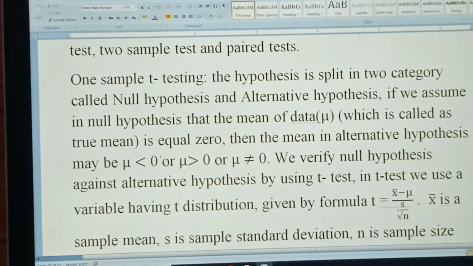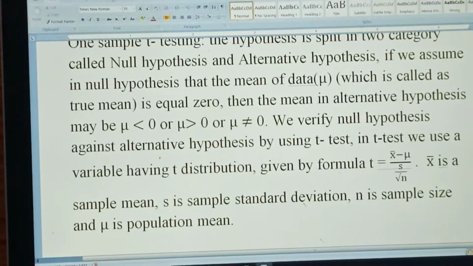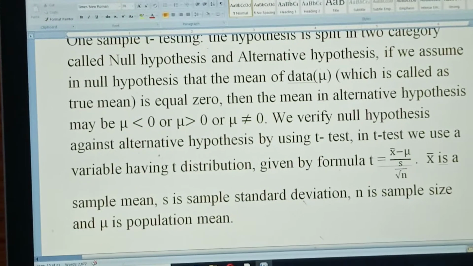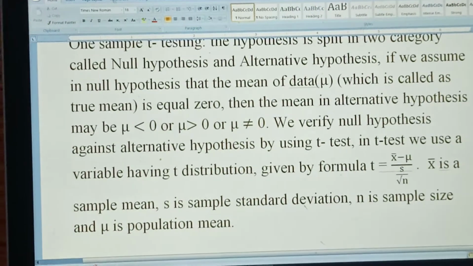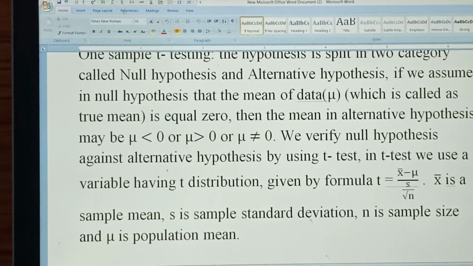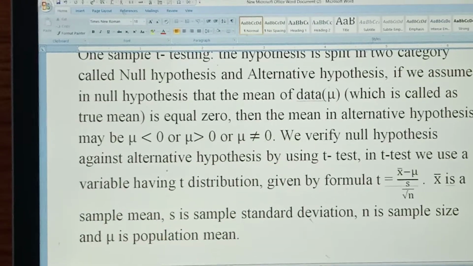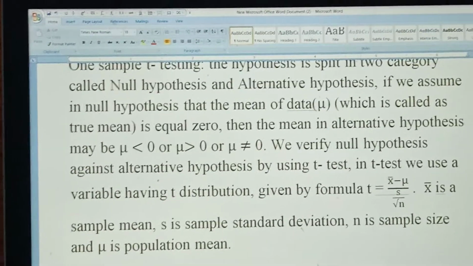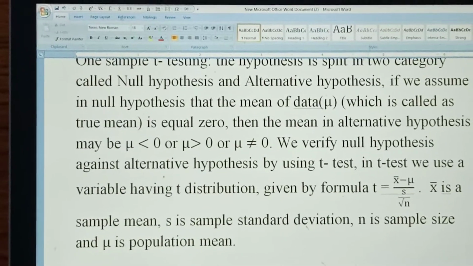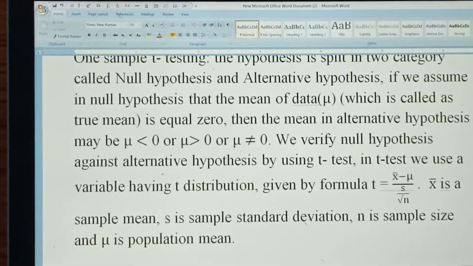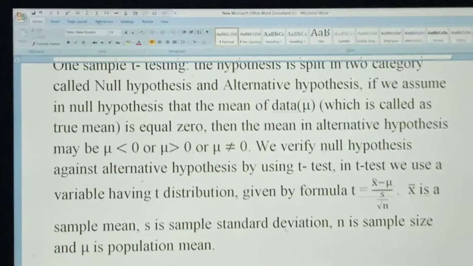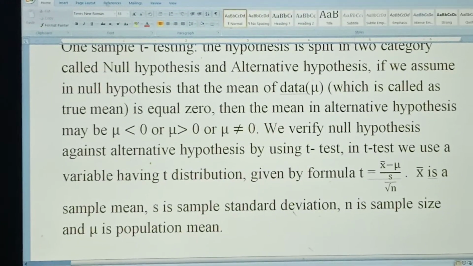If we assume that the null hypothesis is that the mean of the data mu is equal to 0, then we can write the alternatives for that null hypothesis, which we call the alternative hypothesis, given by either mu less than 0, or mu greater than 0, or mu not equal to 0. Now we can verify the null hypothesis against the alternative hypothesis by using a t-test.